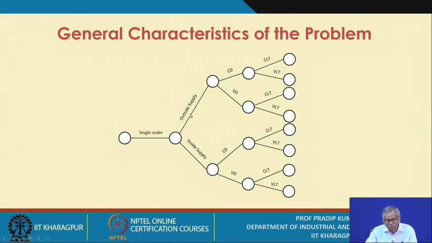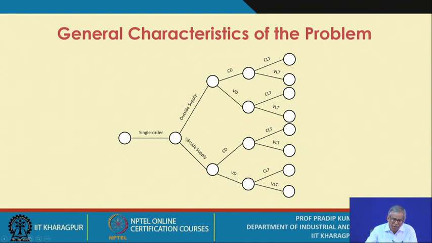Now if it is outside supply, there could be a constant demand or variable demand. You need to explore all sorts of possibilities. And then against constant demand, there could be constant lead time or variable lead time. Similarly, against variable demand, there could be constant lead time or variable lead time. Okay.